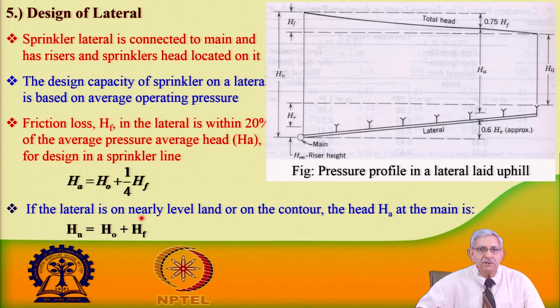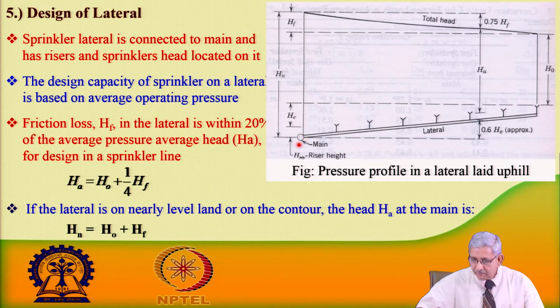Now, suppose this lateral, which is placed here on elevated land, is instead on level land. What will happen? What will be the pressure available in the main pipeline?